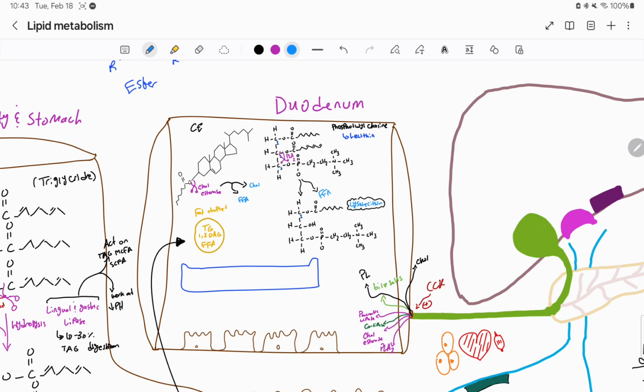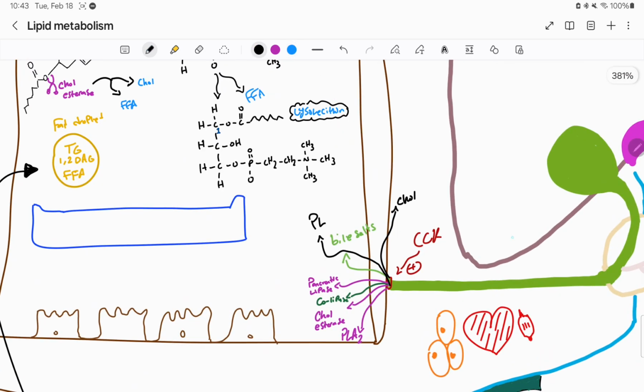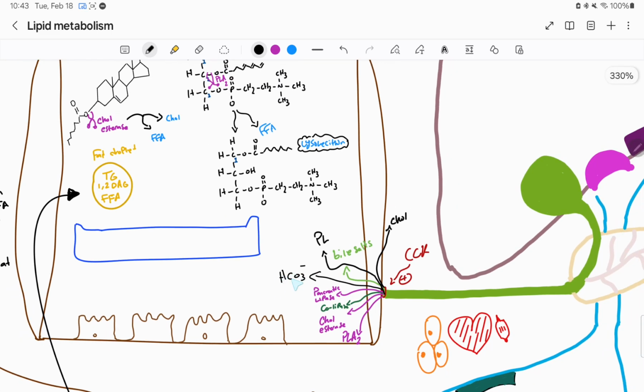And once it was in the duodenum, you guys remember that the pancreas started secreting all these enzymes, okay? And these bile salts. And at the same time, it would also secrete some bicarbonate, which would neutralize the acidity of the chyme from the stomach. And this is important because it's going to allow for all of these enzymes to work properly.